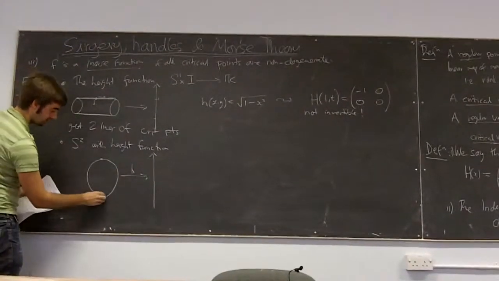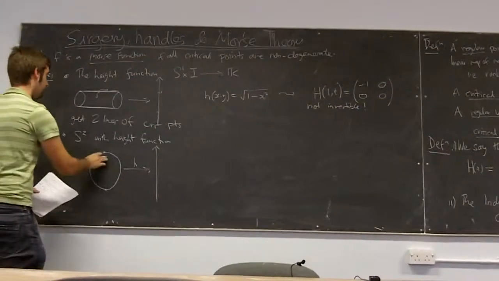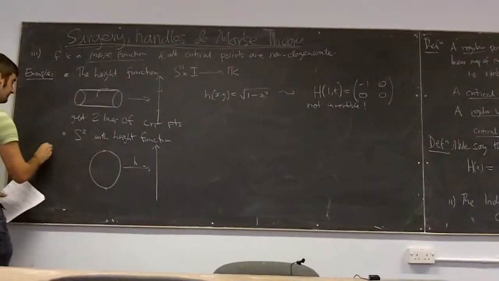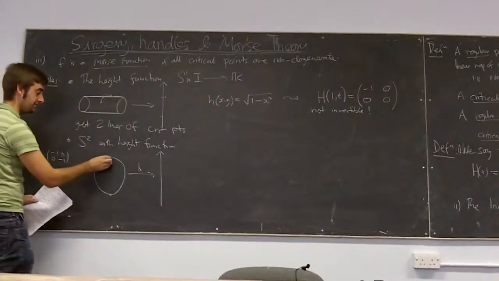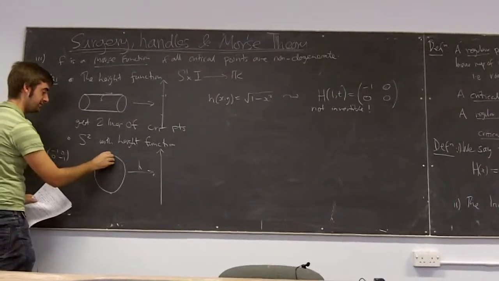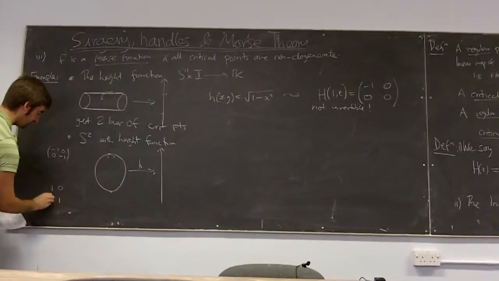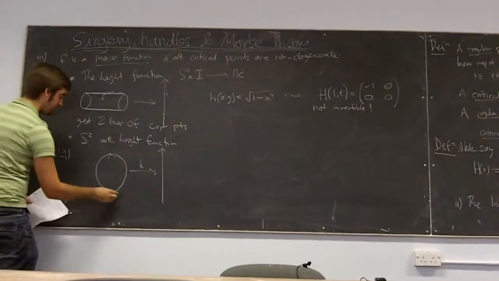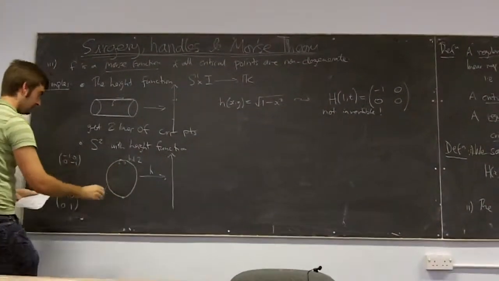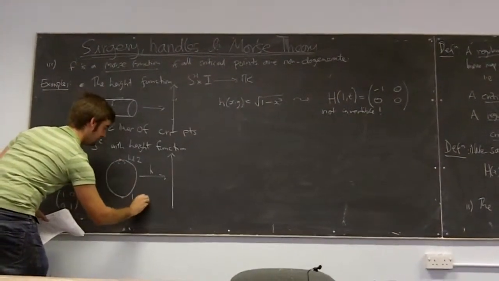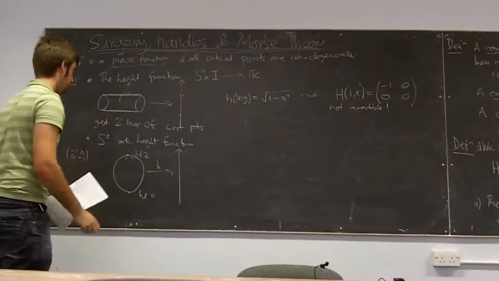We have this maximum and this minimum, and if you calculate Hessians at the top, there are two negative eigenspace directions, down that way and that way, and at the bottom you get two positive directions again. So this means that this point has index 2 and this point has index 0.